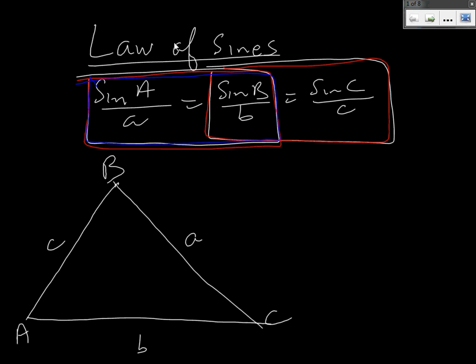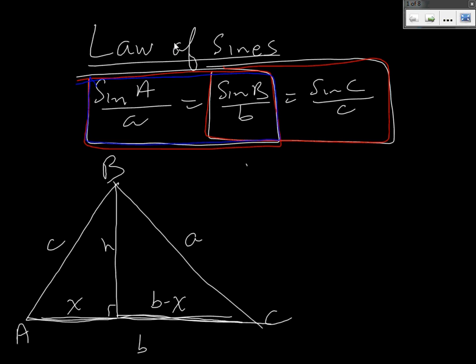And here I drop a perpendicular. I'll call this distance x. Since the whole distance is b, this piece here is going to be all of b less what I've already used up for the other piece. That is b minus x. And we'll call the hypotenuse h.